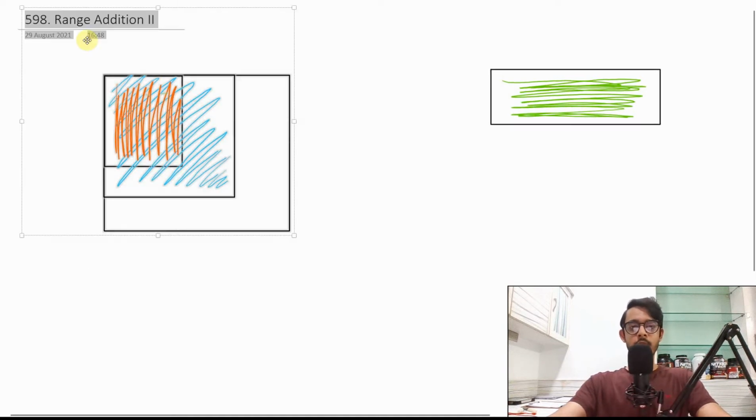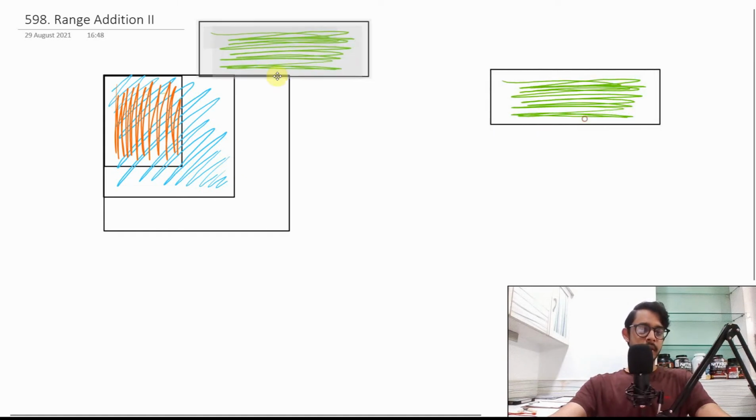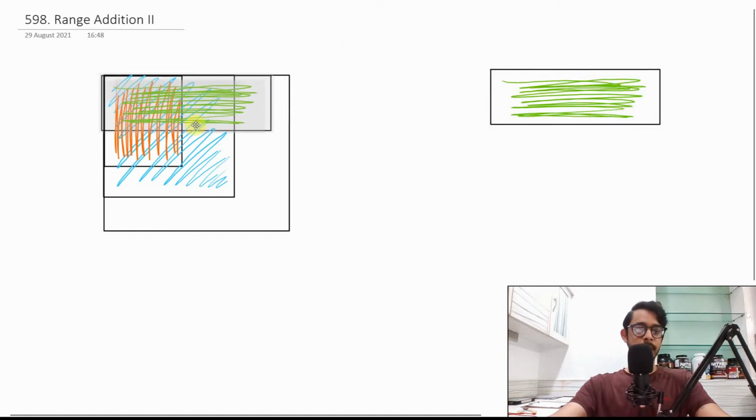So if we were to stop at this point, what would be the answer? We can just look at what this end point right here is of this orange rectangle, and we can do some computation based on that, because we know that there are 2s inside of this intersection. Okay, what if I make things a bit more complicated by introducing this green section?